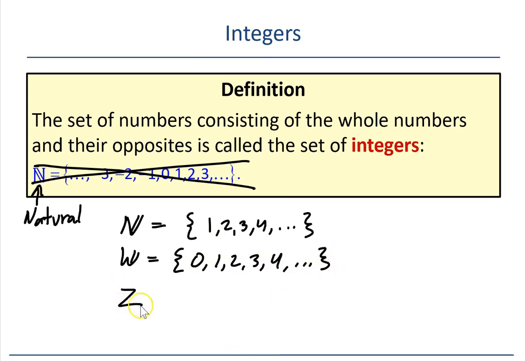And then we have integers. Integers is a Z because it's like a German word, which means to count. Whenever we put that in a set, we can go ... -3, -2, -1, 0, 1, 2, 3, ... The dots mean they go off to infinity.